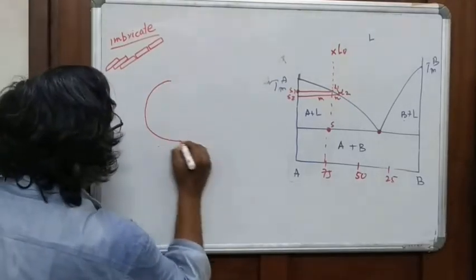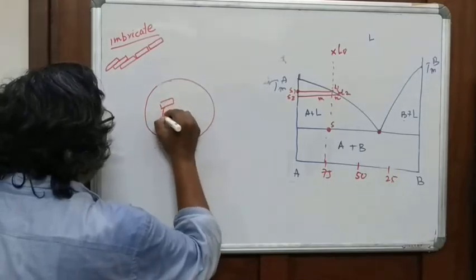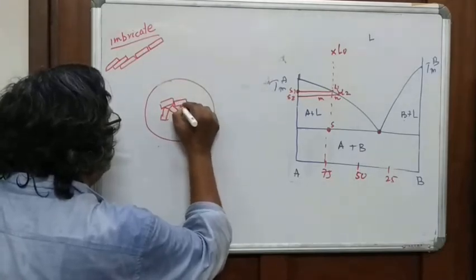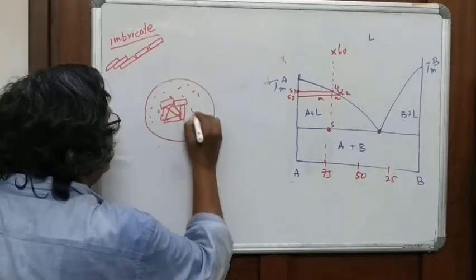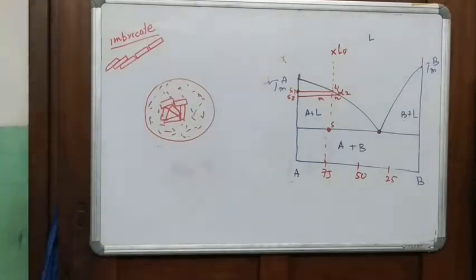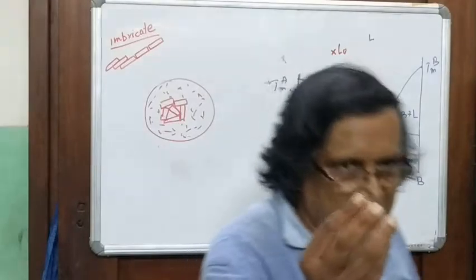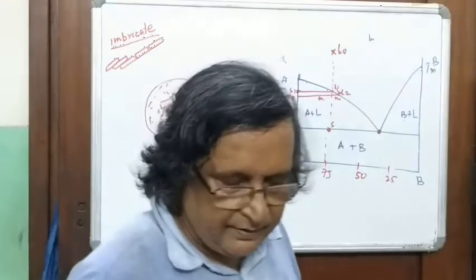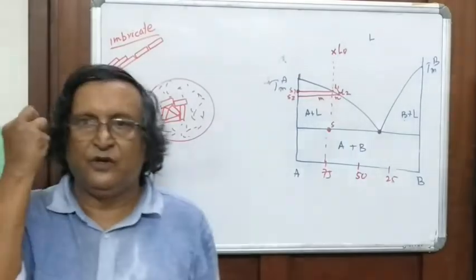Say, a texture like this, where you have euhedral crystals that are randomly oriented, and they are clustered, and there is an aggregate of these phenocrysts.